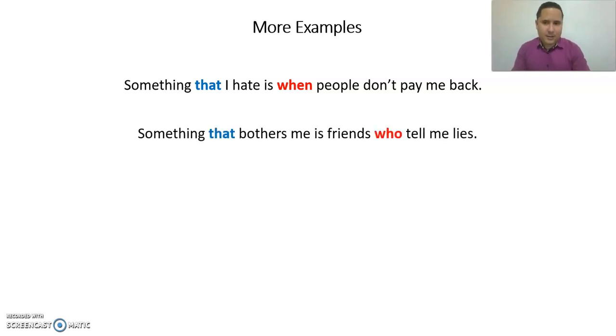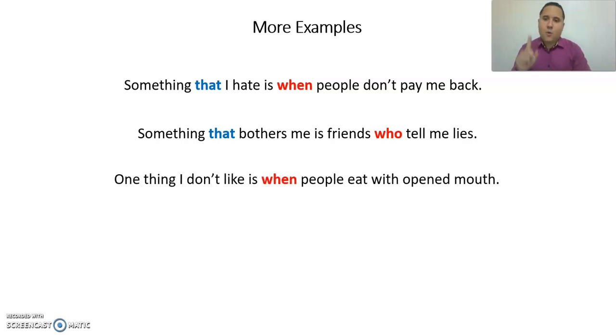The next example is, something that bothers me is friends who tell me lies. Indeed, that's something that really bothers me. One thing that I don't like is when people eat with open mouth. So if you are eating, try not to open your mouth or try not to talk while eating.